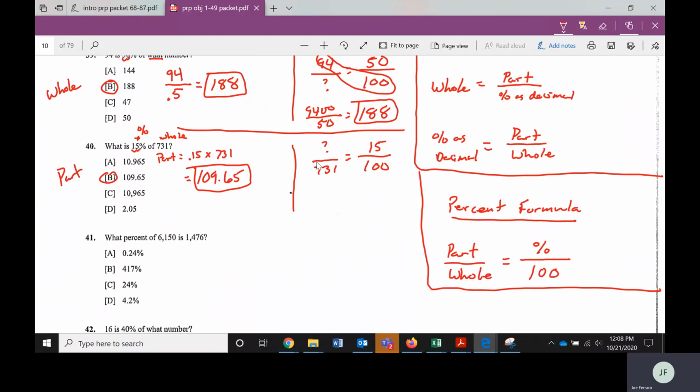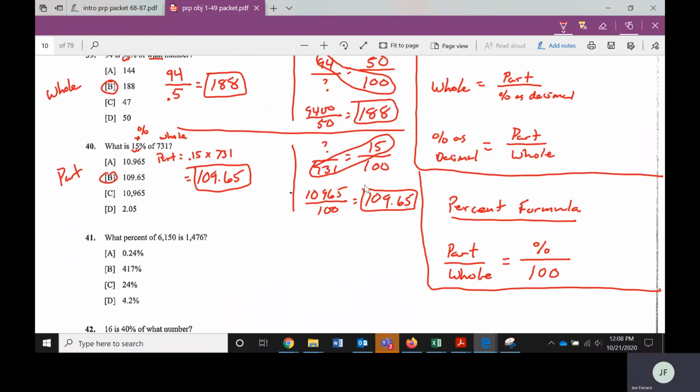So take the diagonal, two numbers, you multiply 731 times 15. Gives you 10,965. Divide by the other number, which in this case is 100. And you get 109.65 there also.